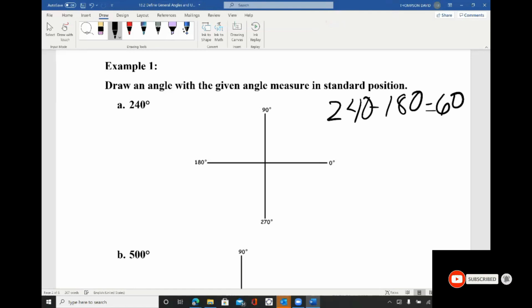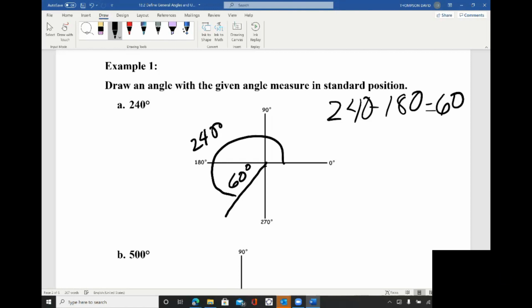So what we need to do is add 60 to 180. So this 60-degree angle here, and all the way around, we get to 240, and there's our 240-degree angle.